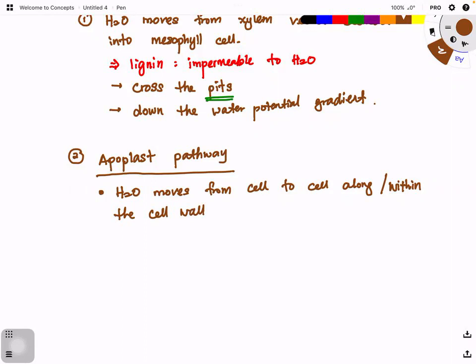Because along the cell wall, do they cross the plasma membrane or not? No, right? Because they don't cross the plasma membrane, in this mode it's by diffusion. By diffusion, the water molecules diffuse along or within the cell wall, down the water potential gradient.